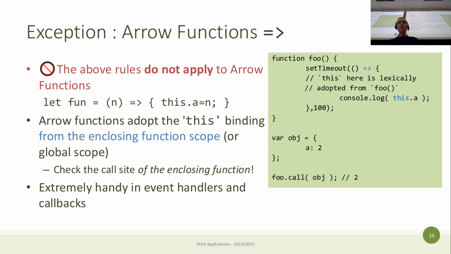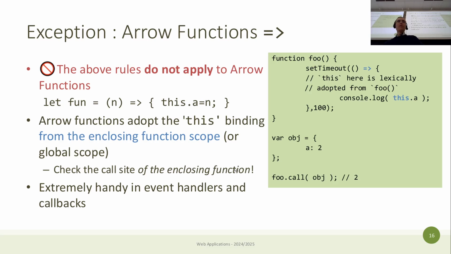It's really handy in event handlers and callbacks, because you don't really know when this function is going to be called, and you're not the one calling it. So the this will have the value that is available in the outside scope, in the enclosing scope.